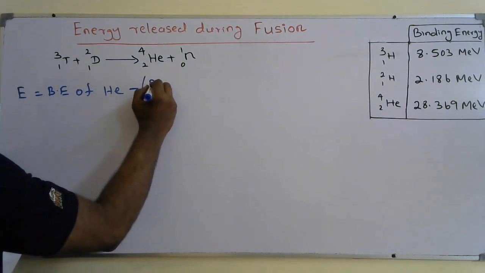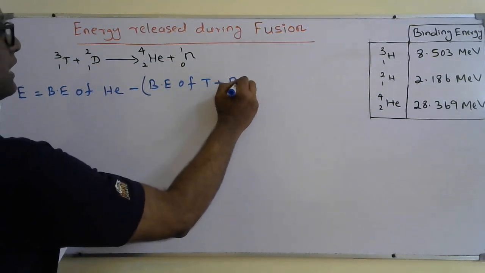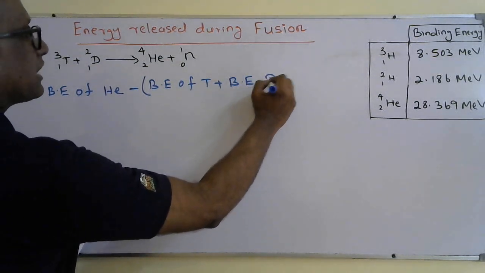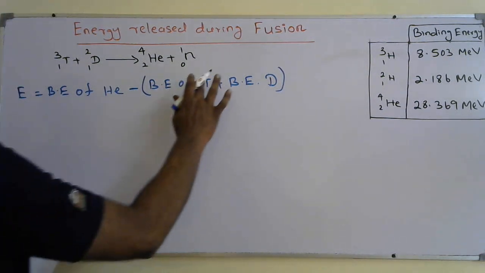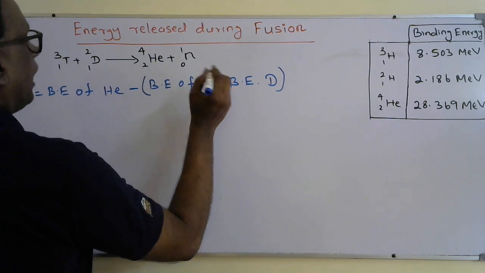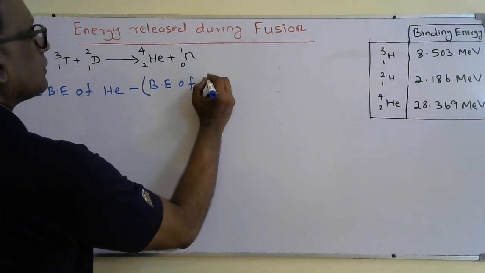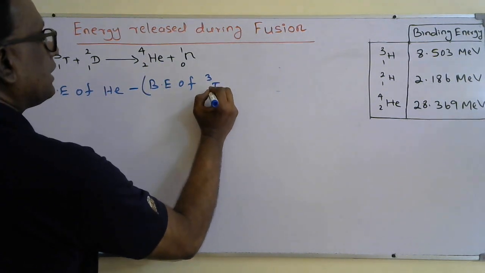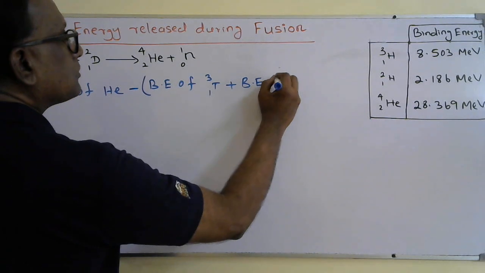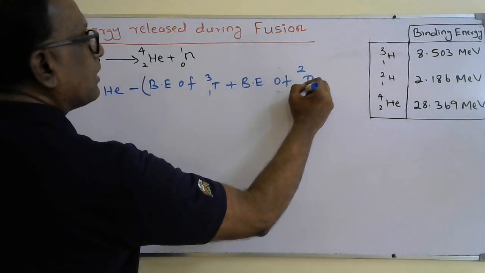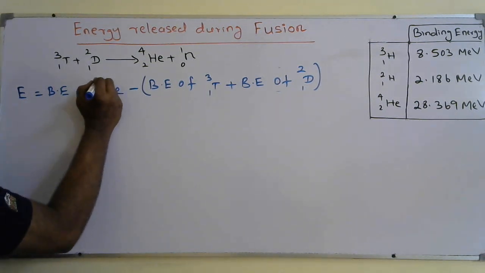Minus binding energy of tritium plus binding energy of deuterium. Or, if it is confusing, I can write it as 3T1 plus binding energy of 2D1, deuterium, tritium. Okay, substitute that He42.